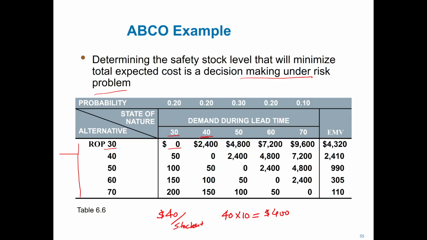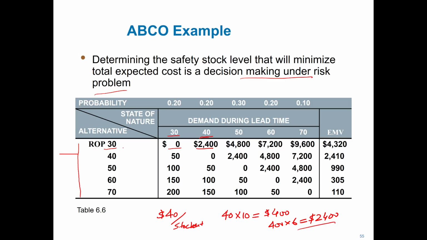Now remember that we said that this happened 6 times in a year. So annually the cost will become multiplied by 6. 400 multiplied by 6 will become $2,400. So this is the cost if 40 units demand occurs, which means it occurs 6 times in a year. So this is the cost coming, $2,400.